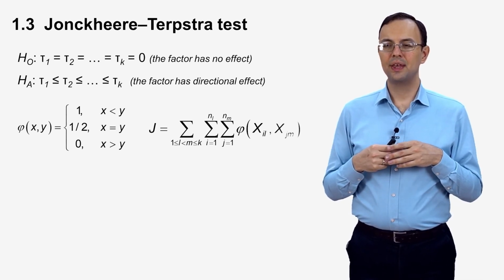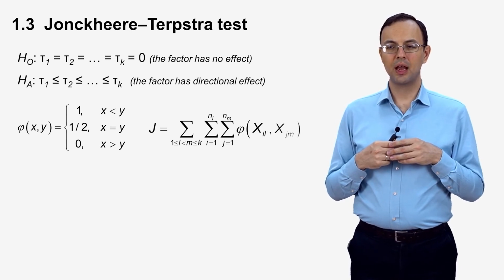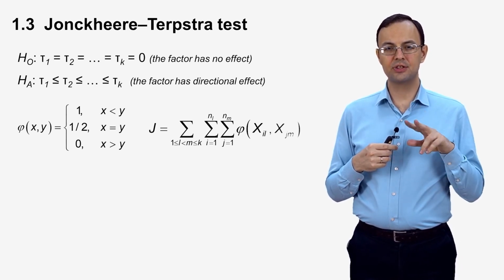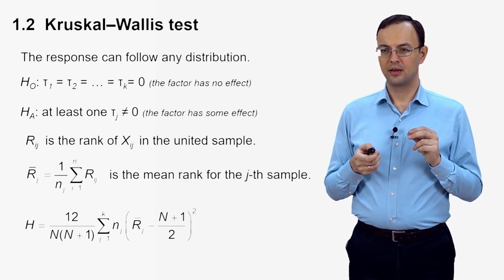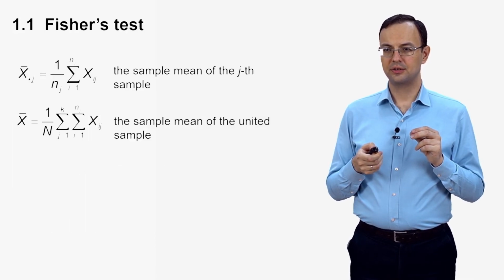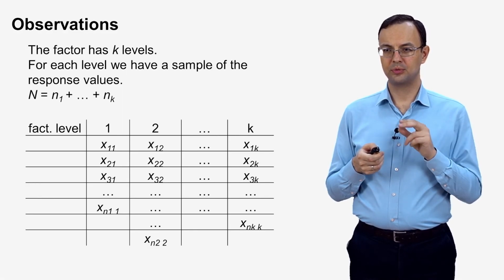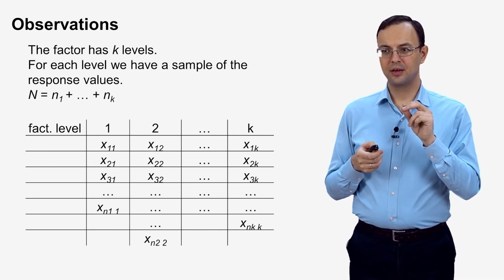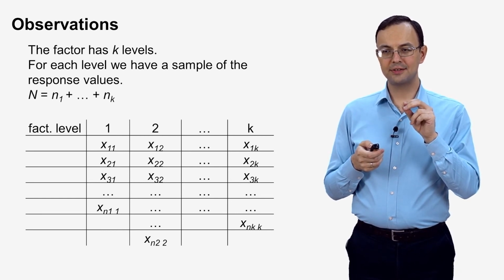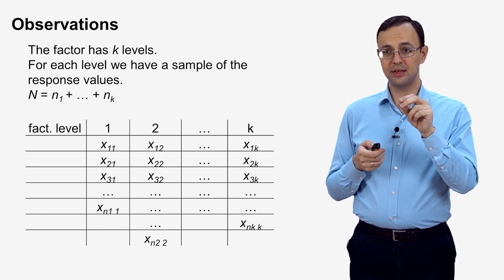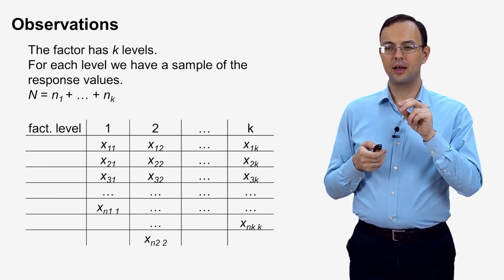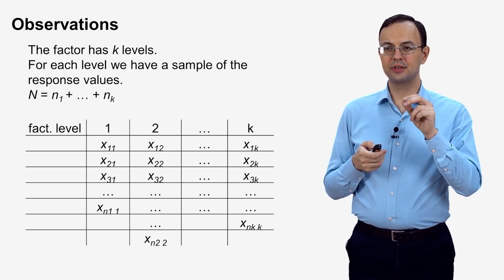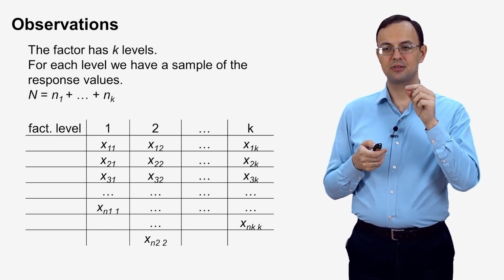And then we calculate all pairs of the response values we have. Let me show you one more time. Here we have capital N response values, and we have to compare every value with all others that are situated to the right in this table.